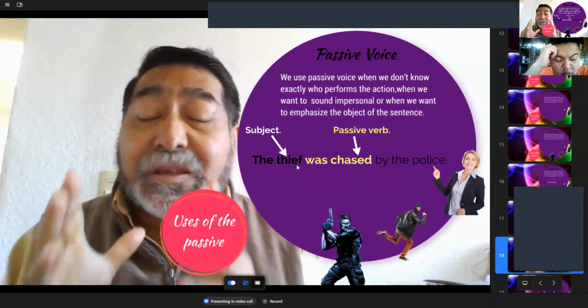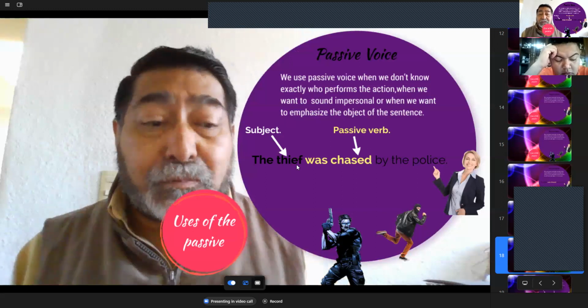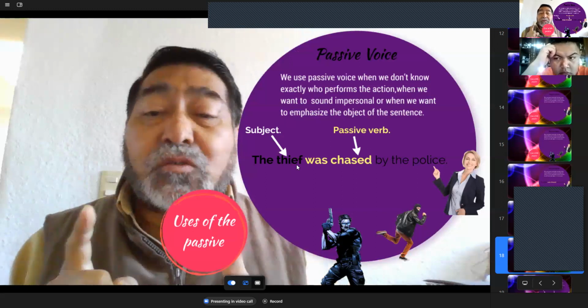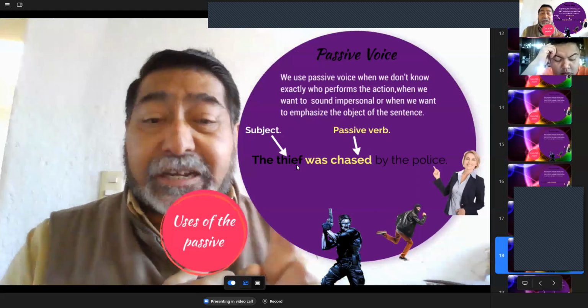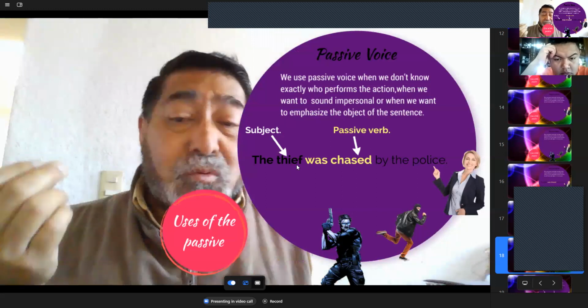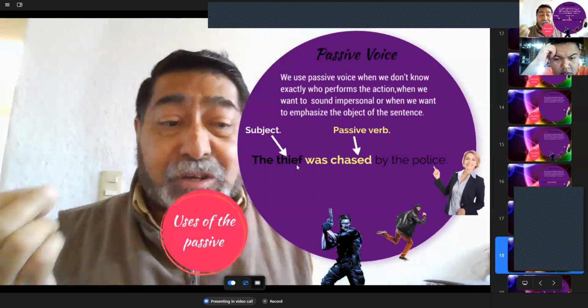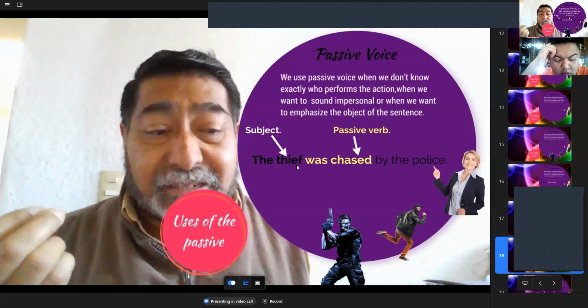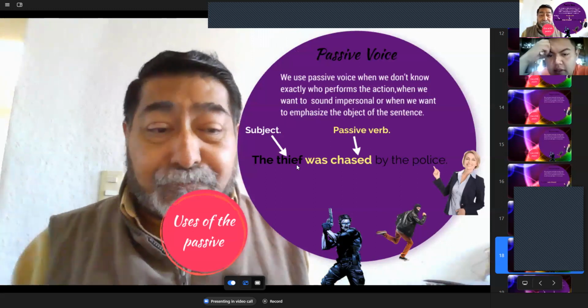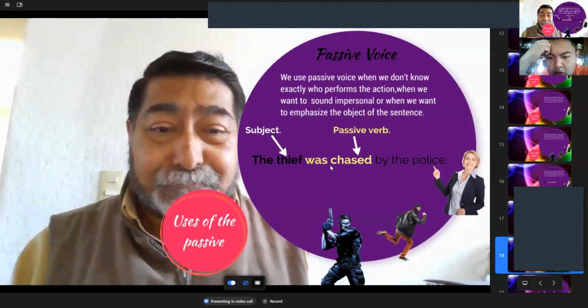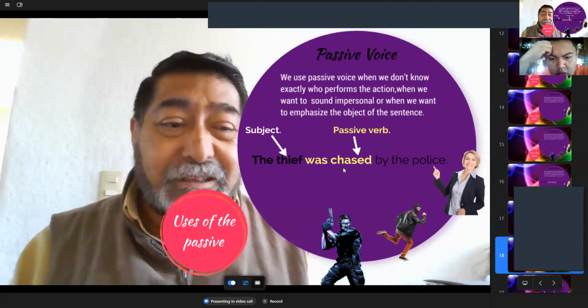So one of the main characteristics of the passive voice is that we work with the verb to be. In this case, what is the verb to be? Was, because we are using the verb to be in past. So was chased is the passive verb.